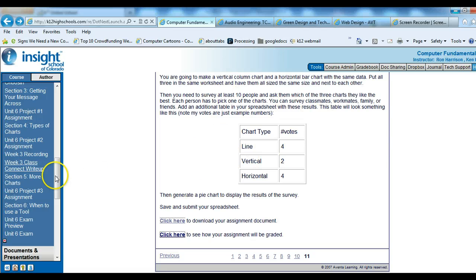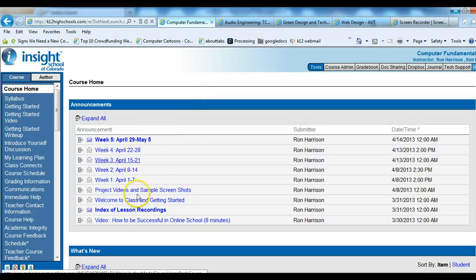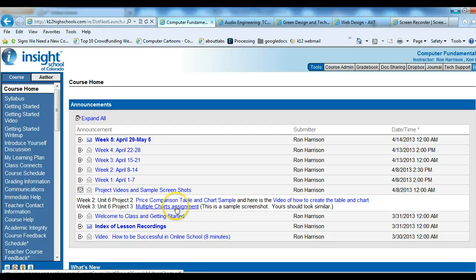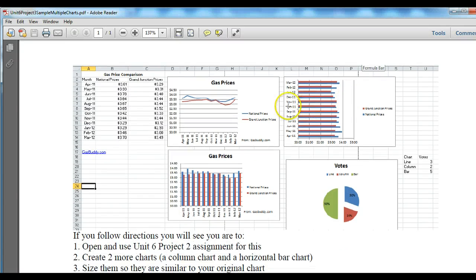Now this assignment, this is an example of one that I've created to give you a screenshot. If I go to the announcements, right down here, project videos and sample screenshots, if I click that, here's a multiple chart assignment. Project 3, this is what yours should look like, something similar to this. Yours may be different depending on the data you used.